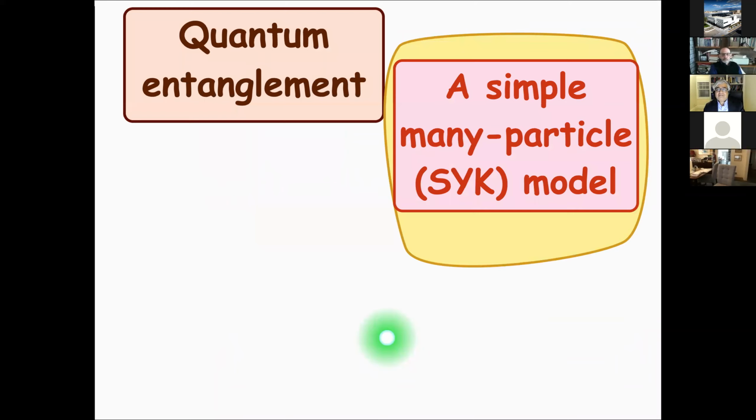And my objective in this talk is to talk about quantum entanglement, not of two particles, but really an infinite number of particles. Now, we are very far from any simple, complete classification and understanding of the rich variety of entangled many particle states.